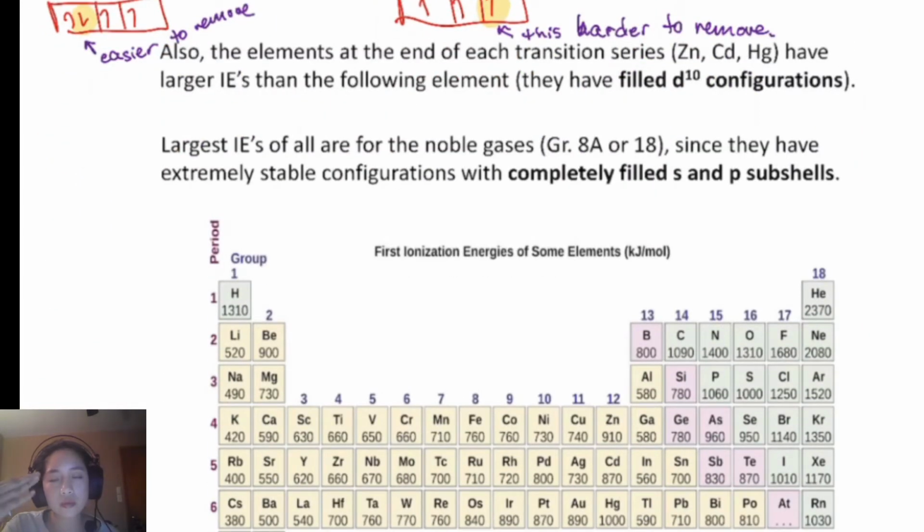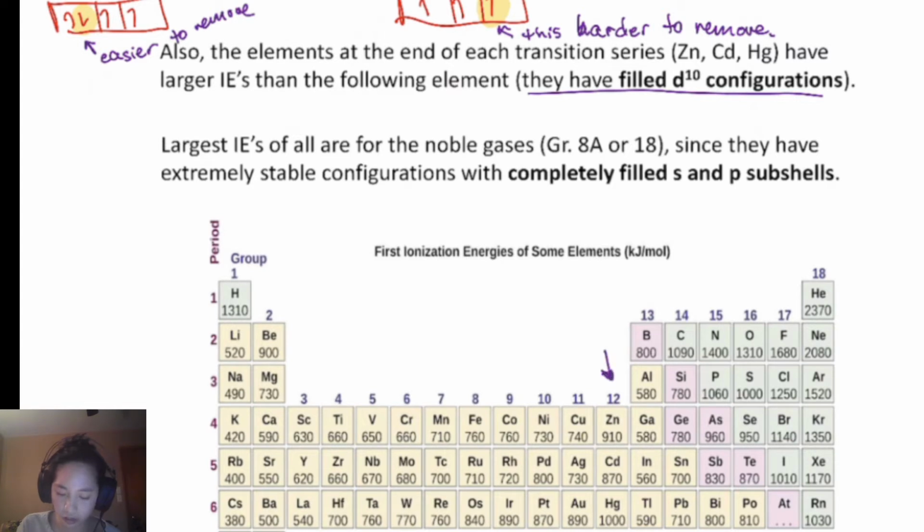All right, so moving on. When talking about half-filled and filled orbitals, you can see through the values the stability of these different configurations. All of the transition metals at the end of the d block, group 12, have a completely filled d10 configuration.